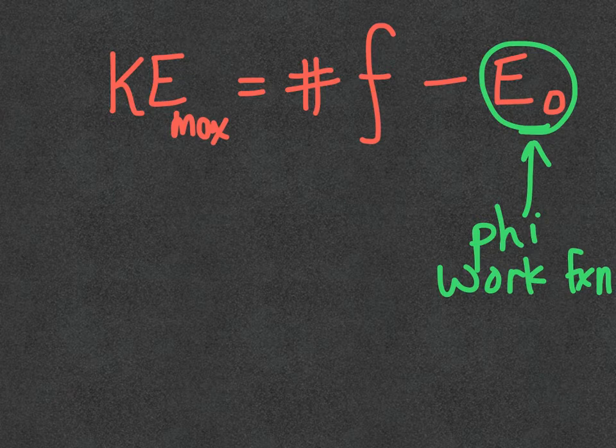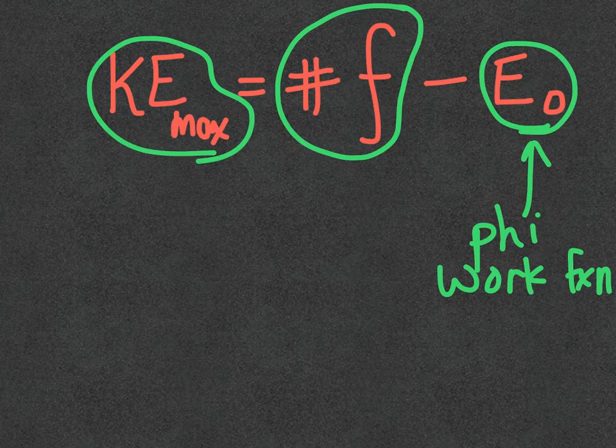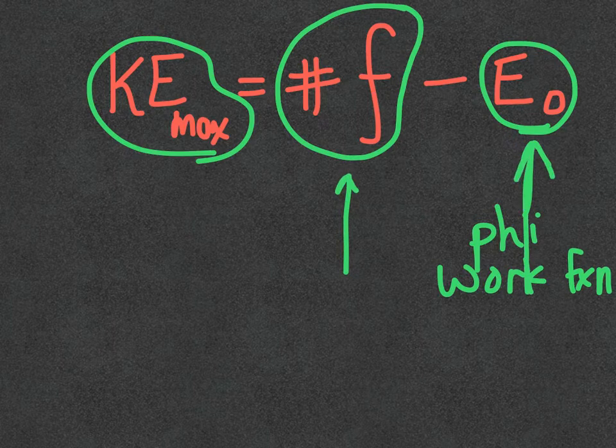So if we think about what's happening here, if you look at this term and this term, each term has to be measured in an energy unit, right? Basically, here's a certain amount of energy, I subtract a certain amount of energy from that, and I'm left with this amount of energy.